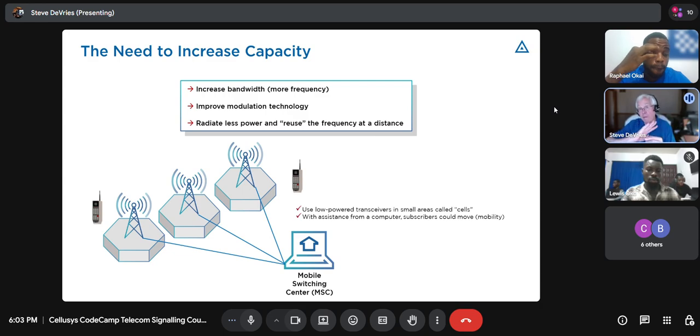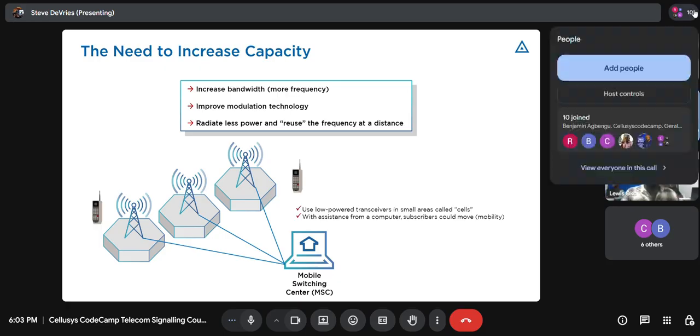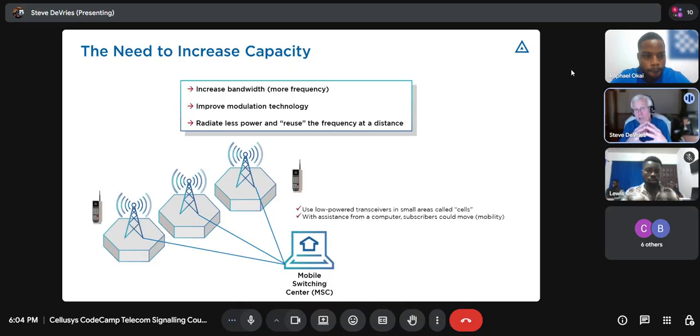But if you're driving along a major motorway where the cars are going 80 kilometers, the cells have to be quite large, maybe 5, 10 kilometers in diameter. So the cells are going to vary in size, and they're not all the same size. But the whole idea of cellular is to reuse frequencies at a distance.